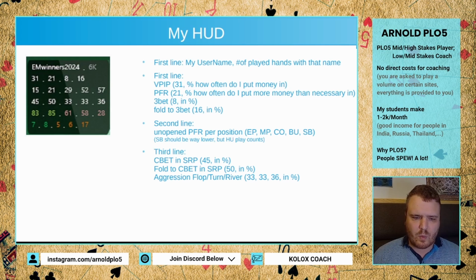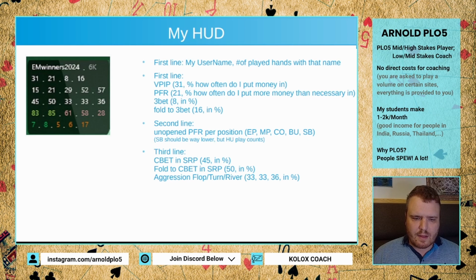Then 21% of hands I open raise, 8% of hands I 3-bet, and this is fold to 3-bet. 60% of hands I fold to a 3-bet. These are pretty reggy stats. This is something you should expect of a reg to have.